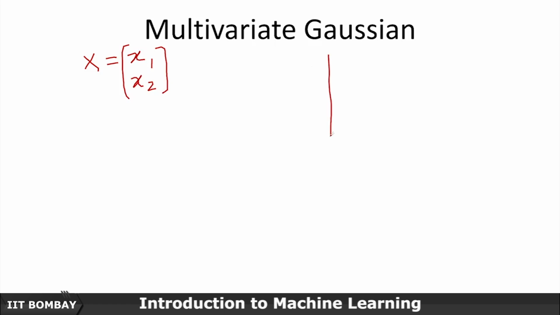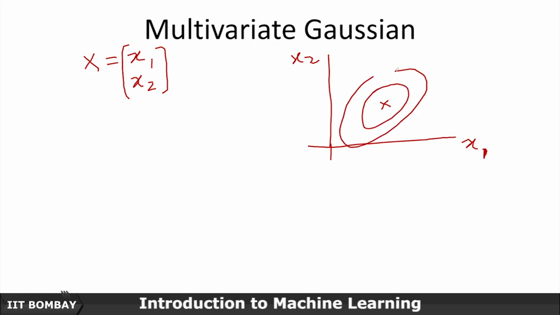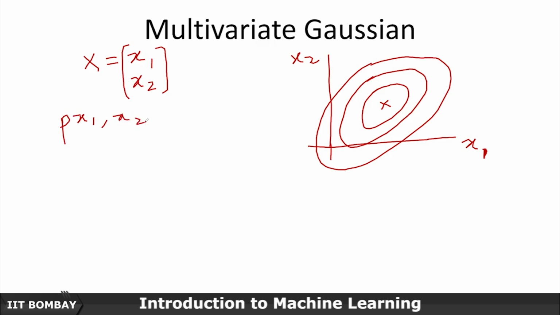So, the graphical representation of this Gaussian distribution would be that you have, let us say, two axes x1 and x2, and somewhere you have a mean value or expected value, and then you have these elliptical contours of the density function, the p of x1 x2. If I take any slice of it, or if I take any projection and integral of it, those slices will look like Gaussian in one dimension, but right now I have two dimensions.